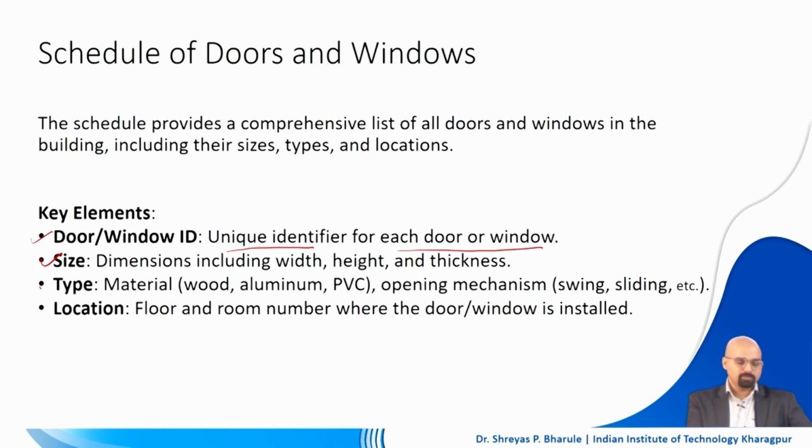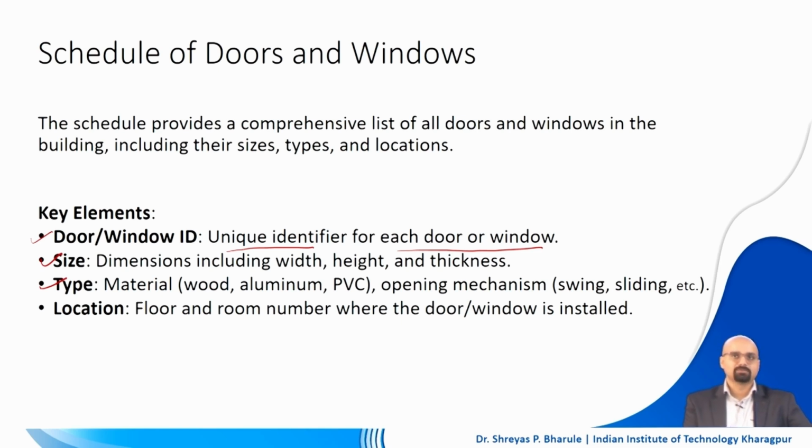You also need to mention the type of the door, whether it is a wooden door, an aluminum door or window, or a PVC door at a toilet or bathroom entrance. All of that is to be mentioned. Next goes the mechanism, whether it will be a sliding window, a sliding door, a fixed door or a swinging door.